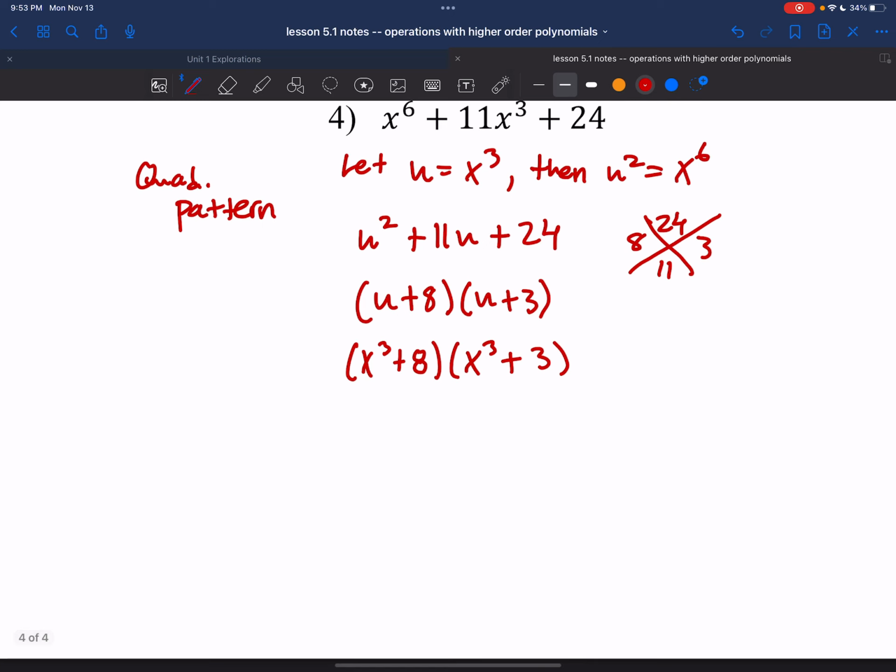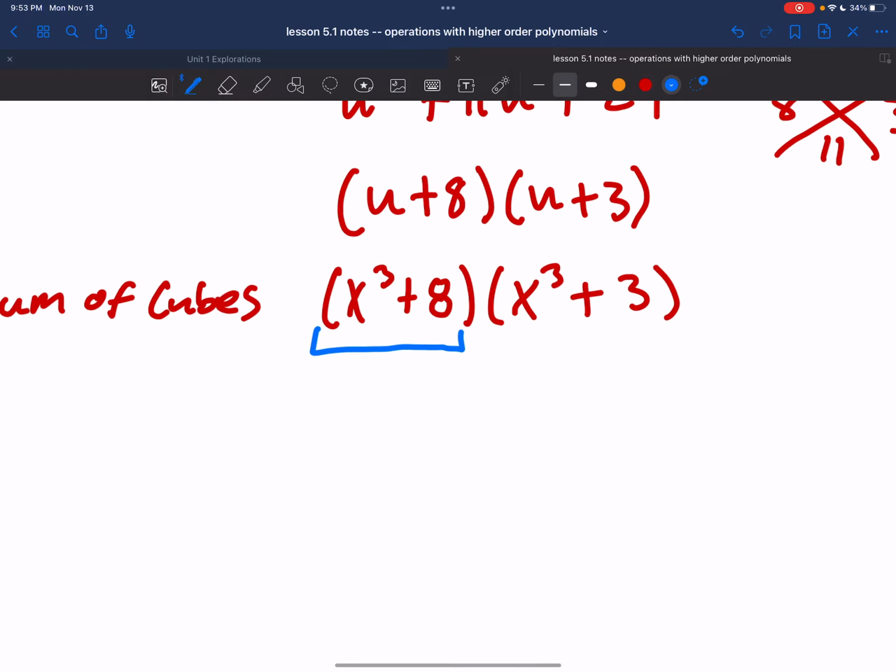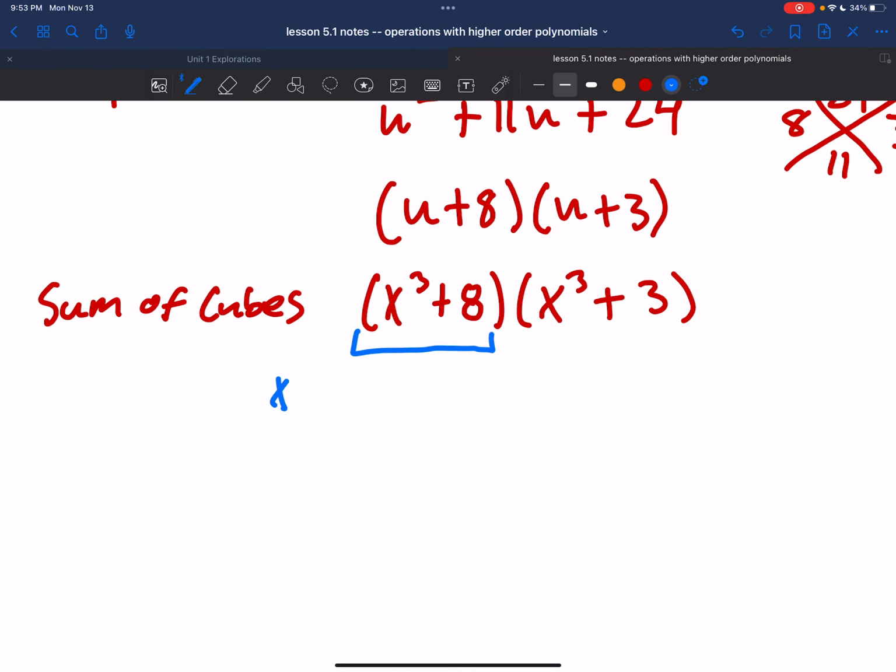And now notice, x cubed plus 8, that's a sum of cubes. Oh my gosh, you're using 2 new things you've learned. So x cubed plus 8, this guy, that's x cubed plus 2 cubed. Right? Here, let me write it like this. X cubed plus 2 cubed.